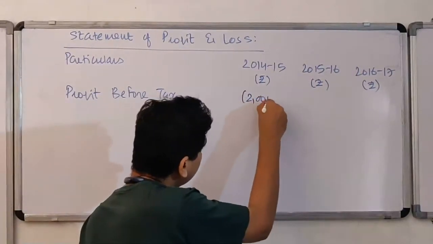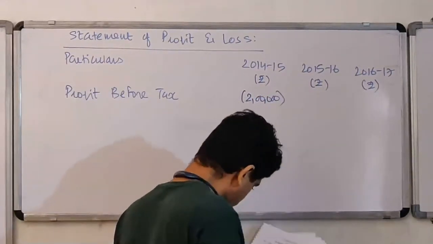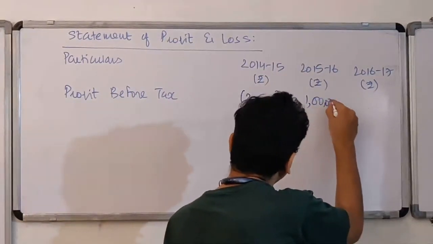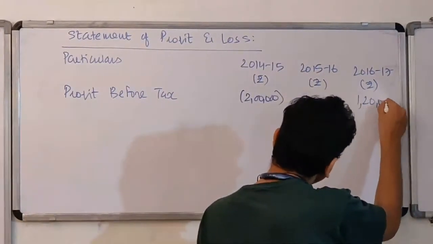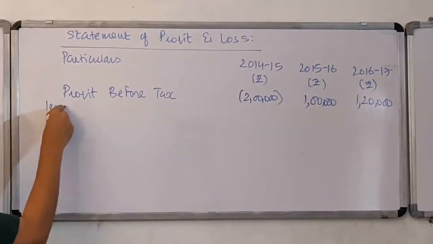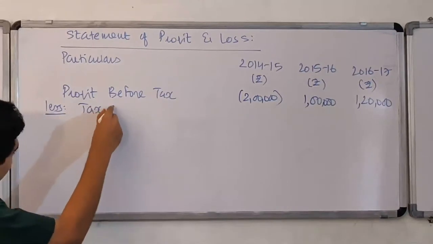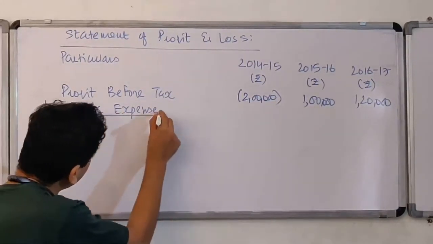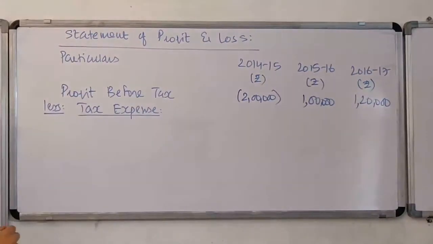So this will be 2 lakhs, 1 lakh, 1,20,000. We say less tax expense, right? This is how it is presented in your P&L, tax expense.